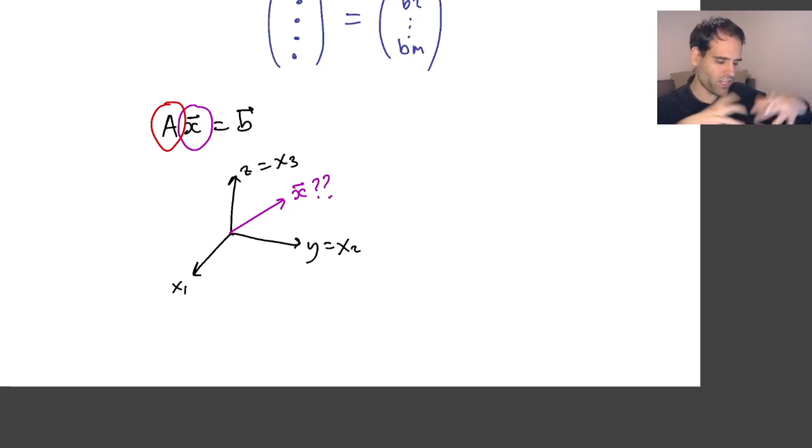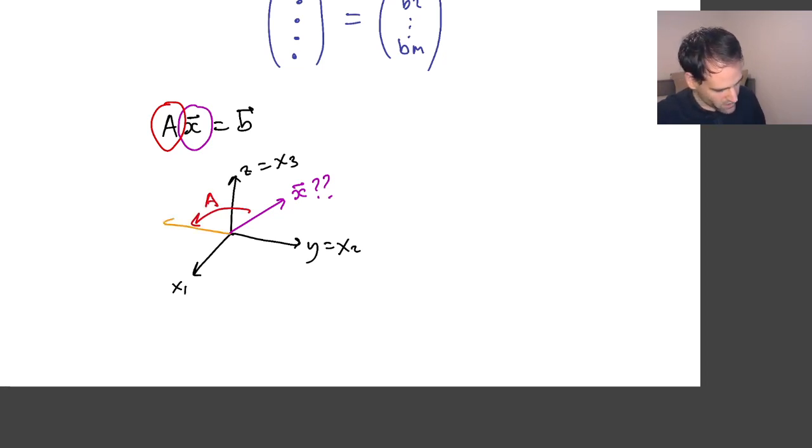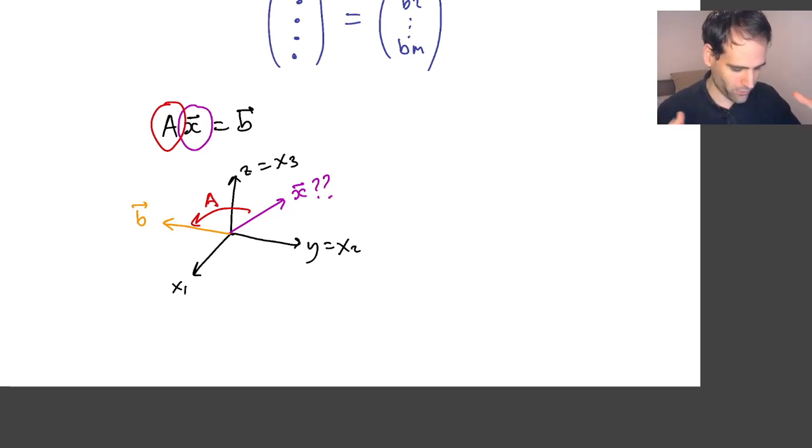We apply that linear transformation to x, and we end up with a vector b, and we know that vector b. So somehow we just need to find what vector x was. This way of putting the problem, which is very geometrical and based on vectors, is a way of actually solving any linear system of equations.